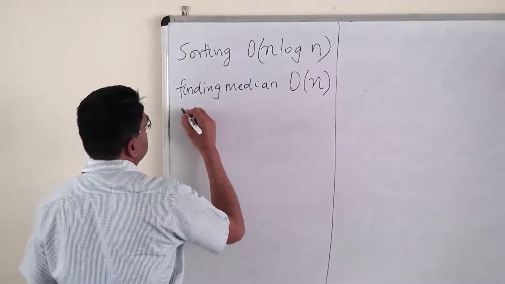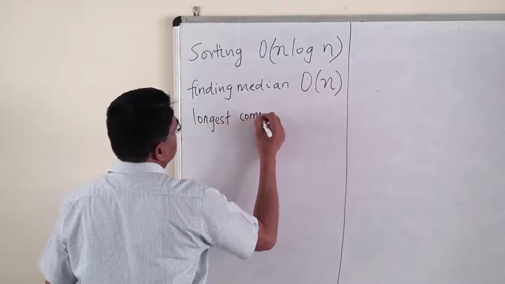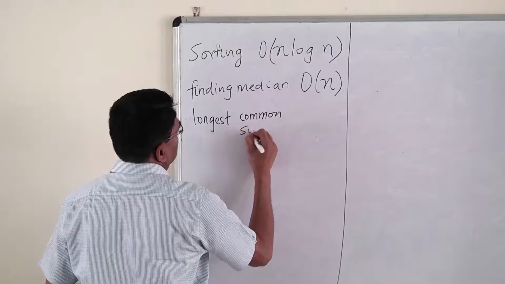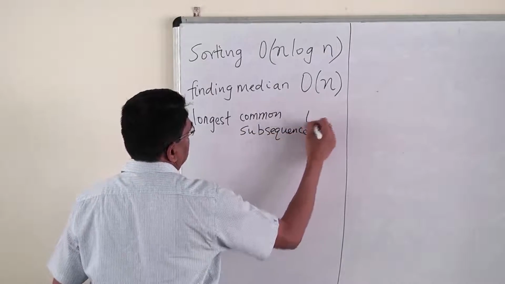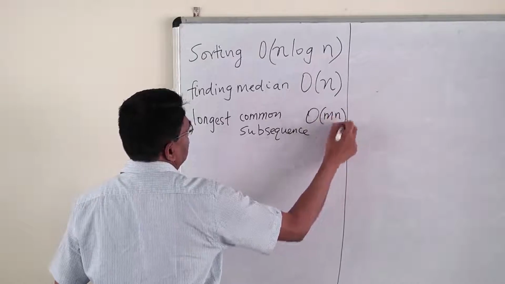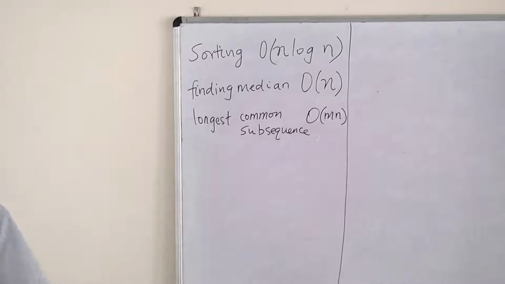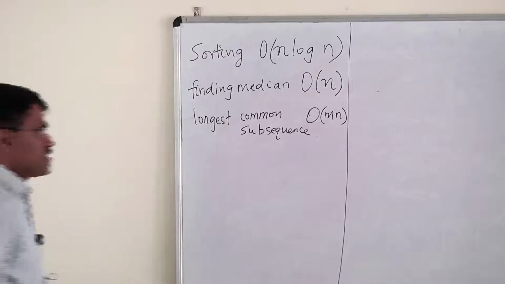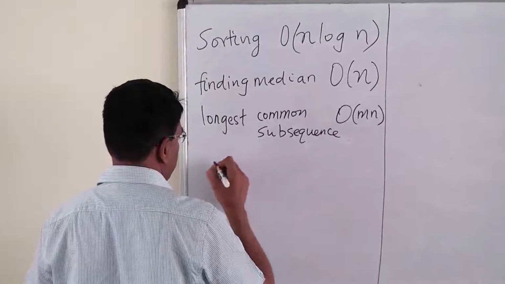We talked about longest common subsequence. That takes something like mn time. There are two sequences of length m and n, and you want to find the longest common subsequence. The dynamic programming algorithm takes mn time. I'm going to write more things.